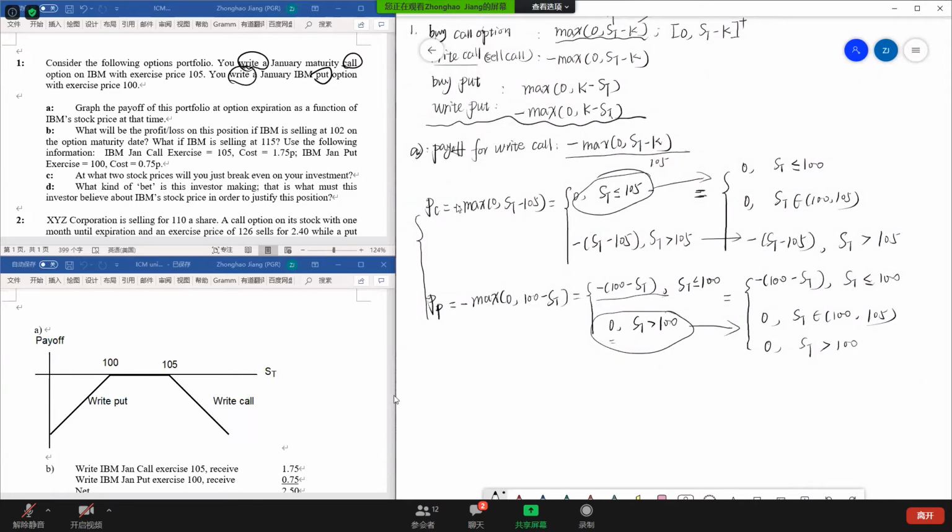Then we can add them together and calculate the total payoff. The total payoff is the payoff of the call option plus the payoff of the put option. So when the stock price is smaller or equal to 100, the total payoff is 0 plus this.